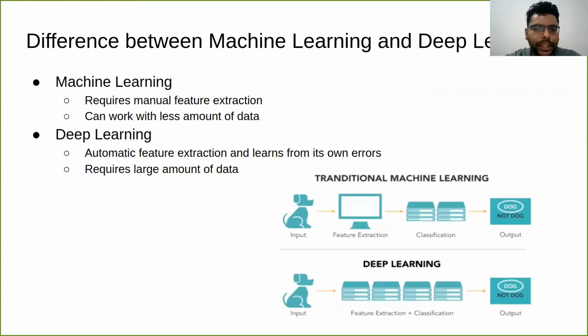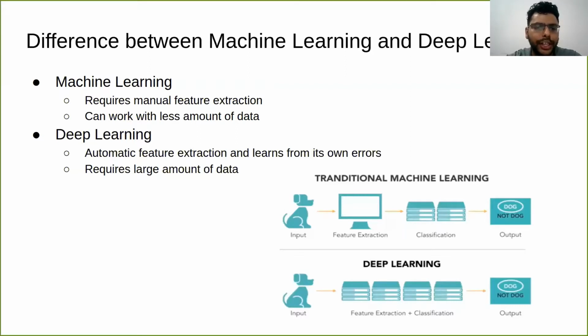So in machine learning, or what we call traditional machine learning, there is something we have to do using manual or human intervention: we need to extract the features from a given data set. It might be an image data set, or it might be a table data set.